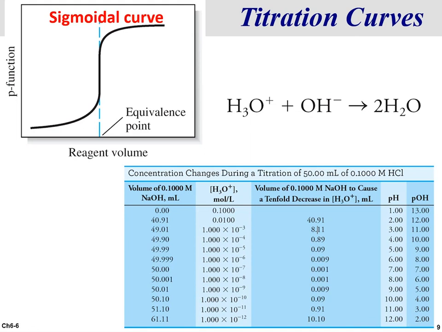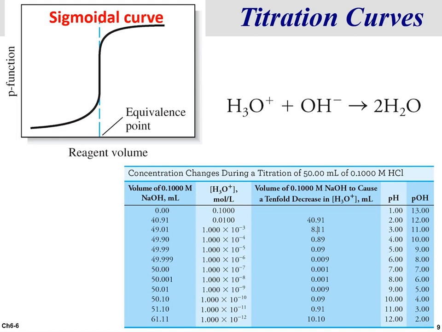So we need to discuss what actually allows us to determine the endpoint: what happens in the vicinity of the equivalence point, and why this can be used to determine the endpoint.